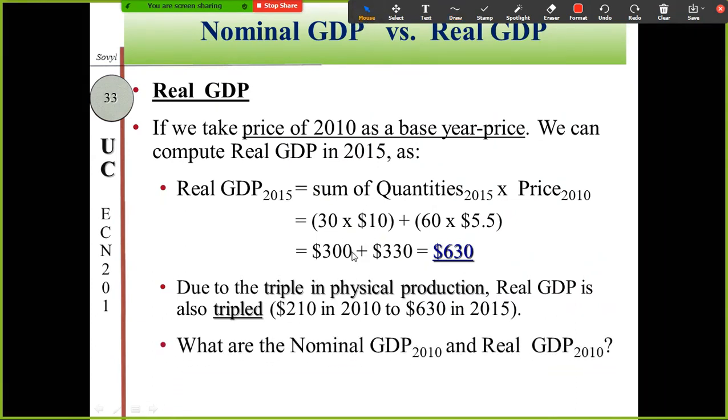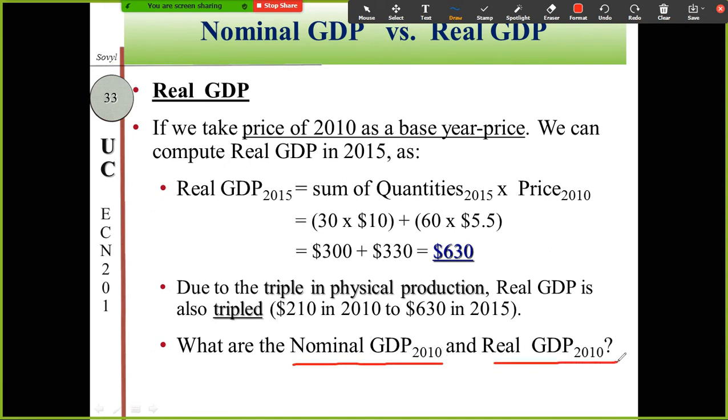What are the nominal GDP 2010 and the real GDP 2010? Based on the previous calculation, we can see that nominal GDP 2010 is 210. Okay, how to get this one?